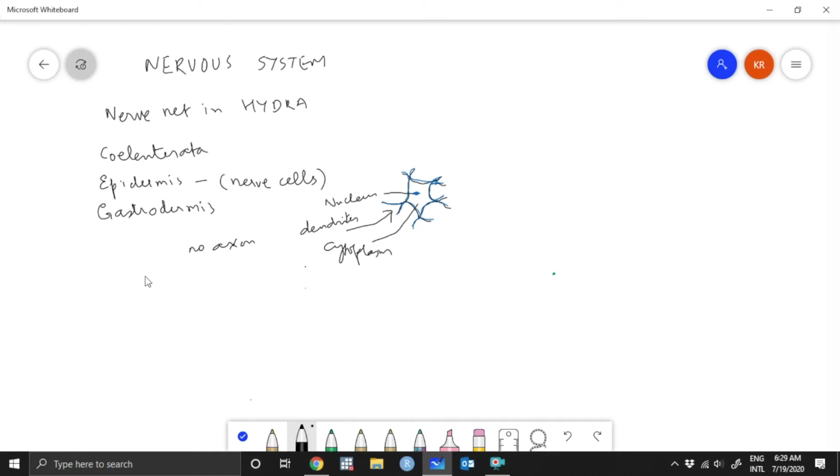So impulses can enter and exit using the same dendrites.